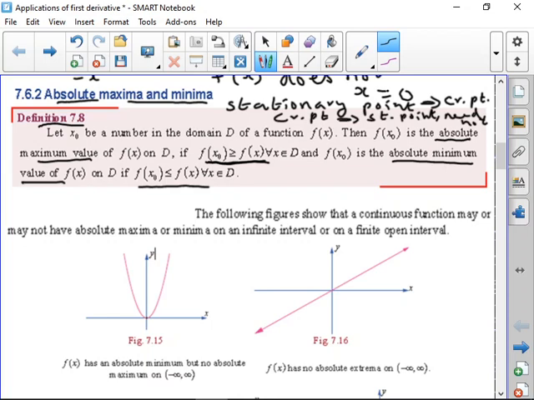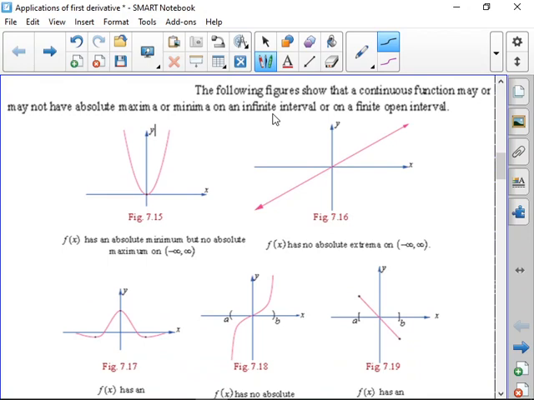Now the following figures show that a continuous function may or may not have absolute maxima or minima on an infinite interval or on a finite interval. What is an infinite interval? Minus infinity comma infinity is an infinite interval. And what is meant by finite? An open interval, a comma b. Anything can be taken.